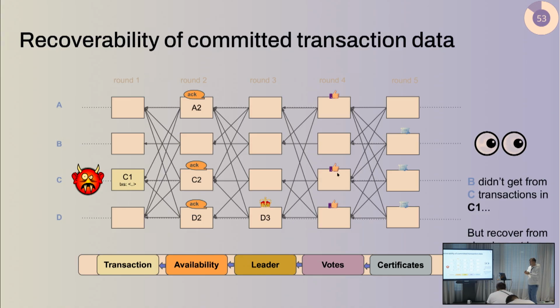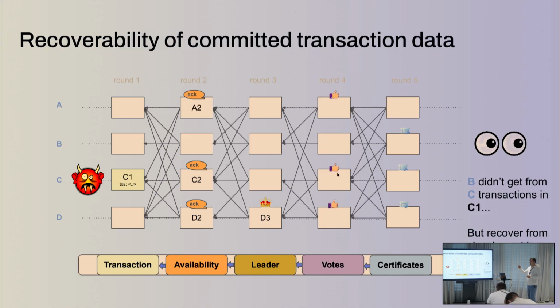Okay, and let's look at an example of why it should work. Let's say that we have an adversary here, and it sent its transaction data exclusively to some validators, but not all of them.